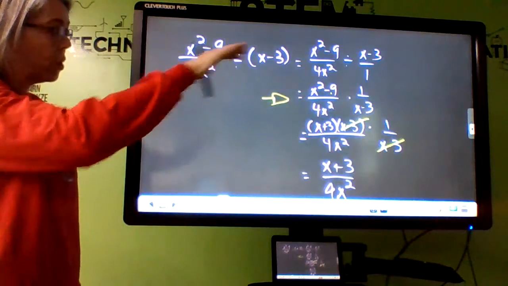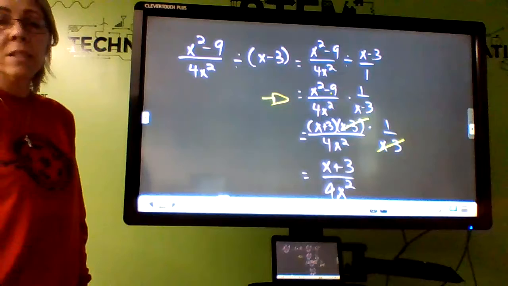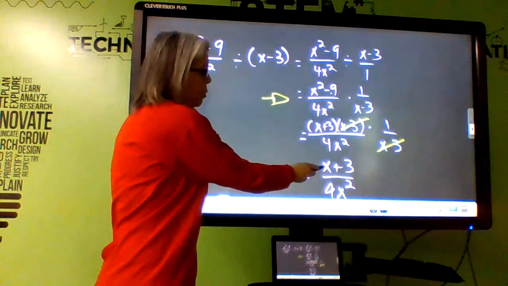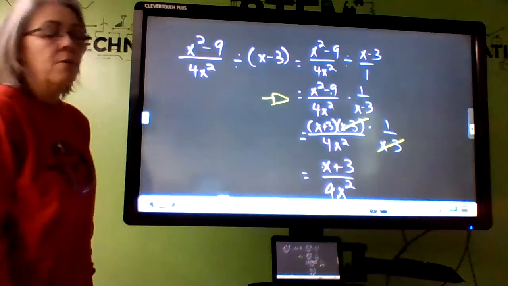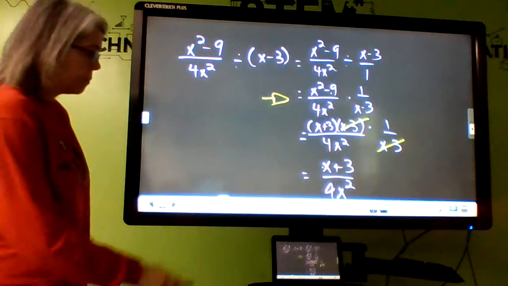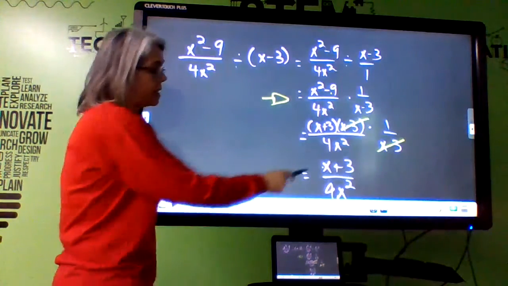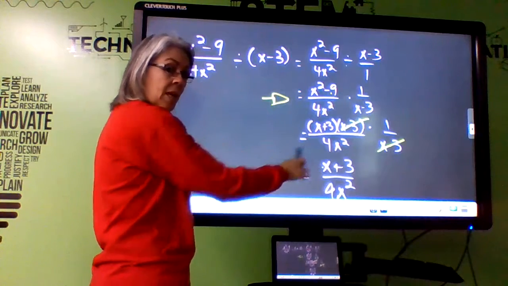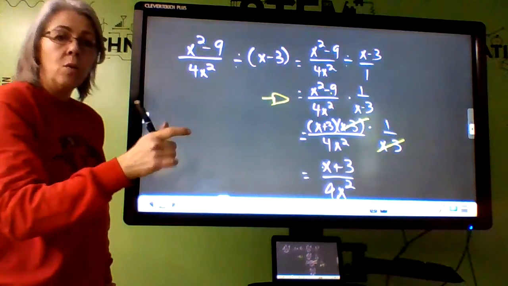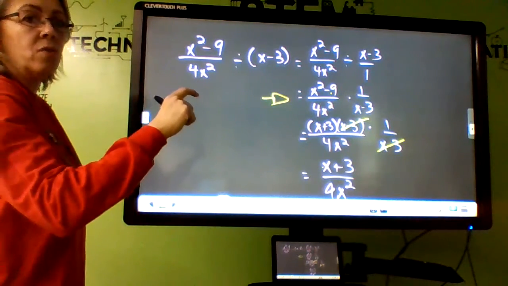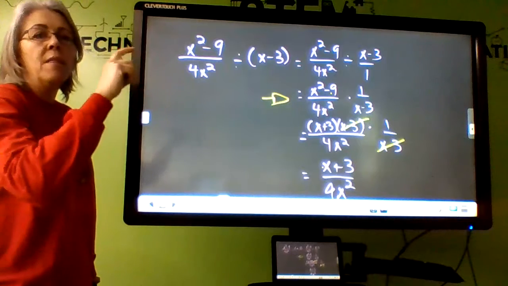You could just go across the top, across the bottom, and then start canceling. And then we're left with x plus 3 divided by 4x squared. Remember, you can't cancel any x's out because these are terms that we can't separate. We can only cancel out or simplify down the factors.